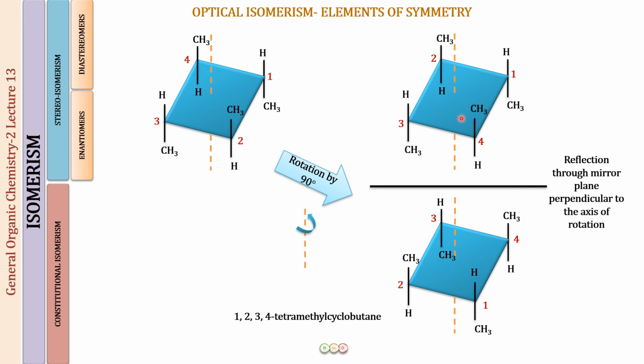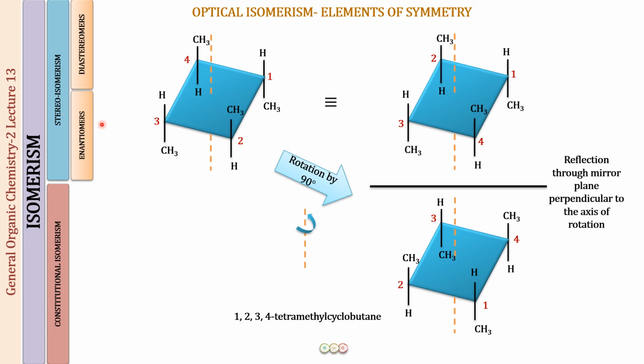Now what I want to check is whether these two molecules are similar or not. Are they identical? Yes, they are identical to each other. You find no difference in them: a CH3, a CH3, an H, an H, an H, CH3, H, CH3, CH3, H, and an H, CH3. So these two molecules are identical.